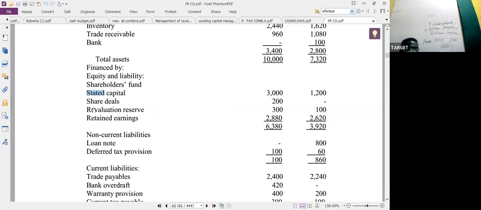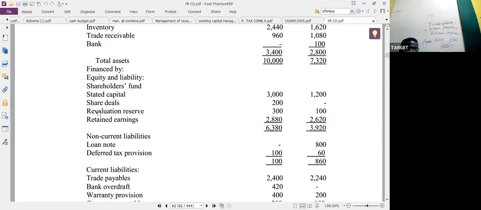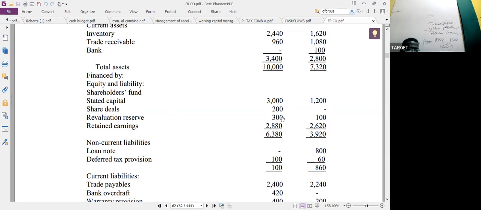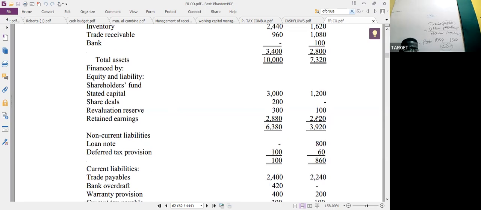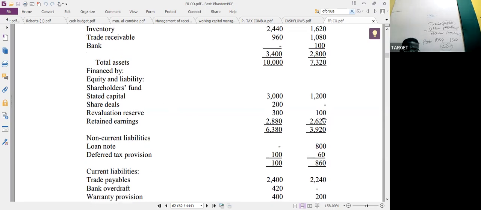Then revaluation. We use revaluation to calculate the acquisition of PPE. Find the difference for me. What is the difference between the revaluation, 100 and 300? That's 200.